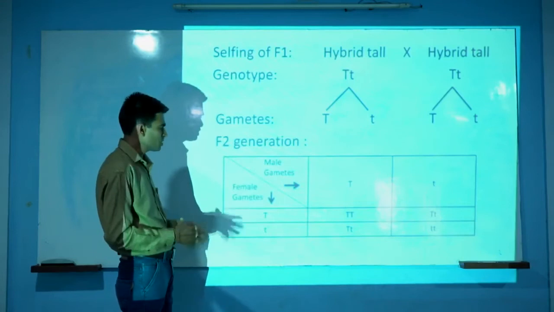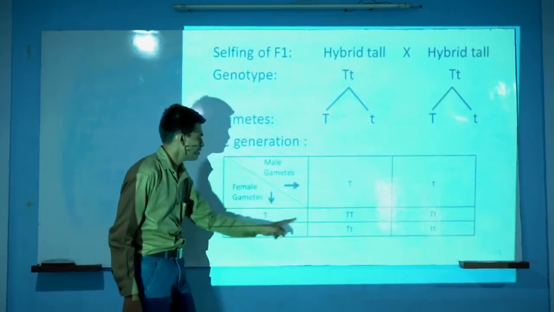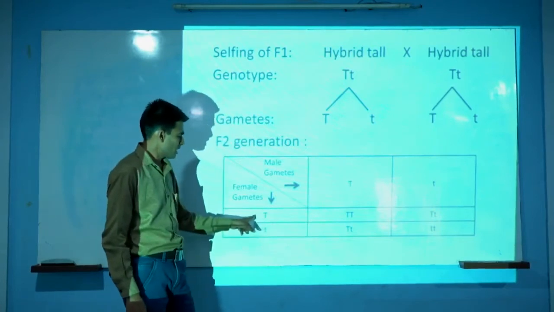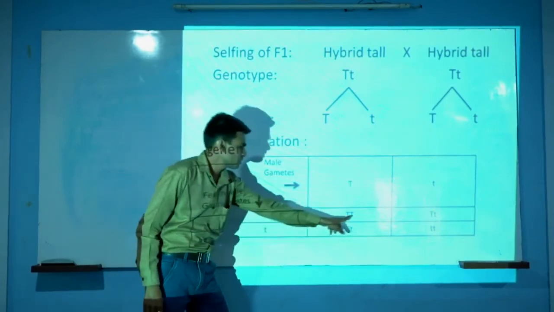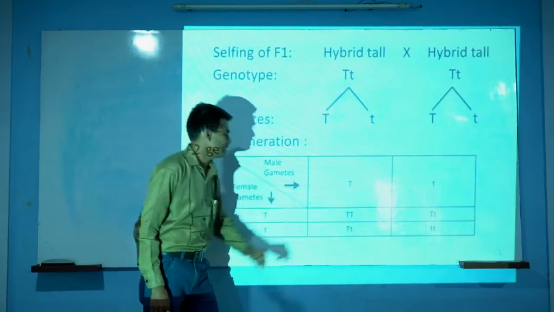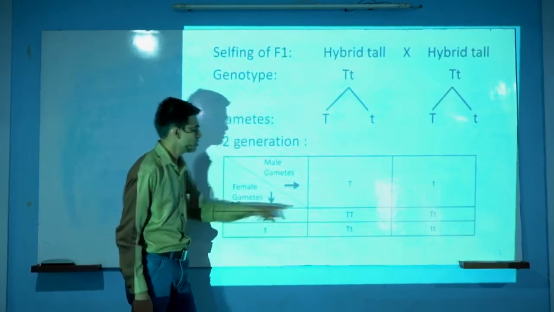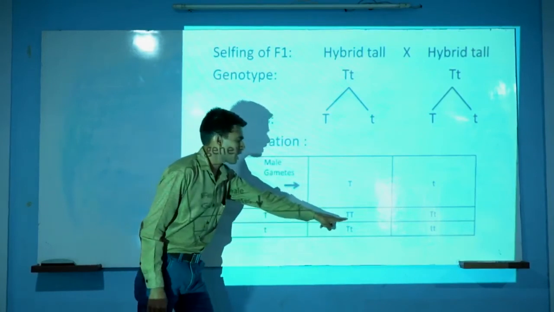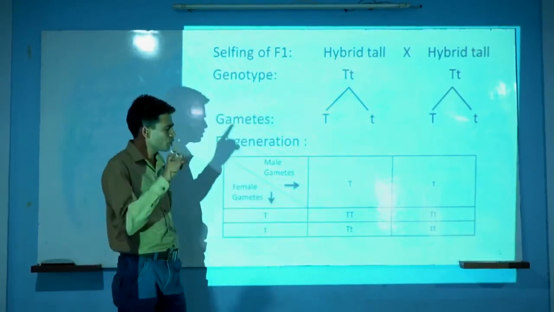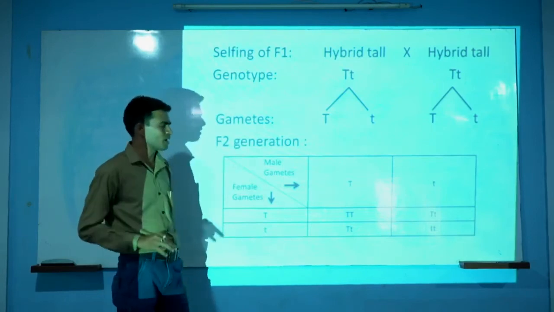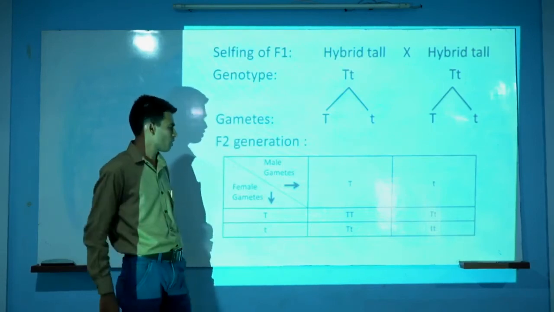The female gametes are the same, capital T and small t. After fusion, the plant gets one factor, capital T, from the male gamete and another, capital T, from the female gamete. This capital T, capital T is responsible for the pure tall plant, or homozygous tall plant.